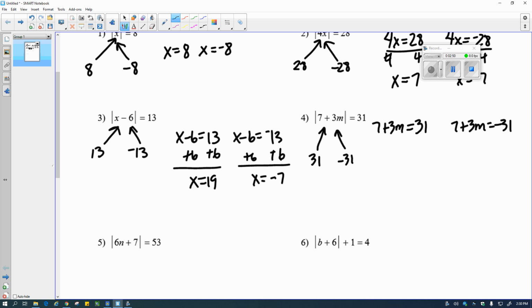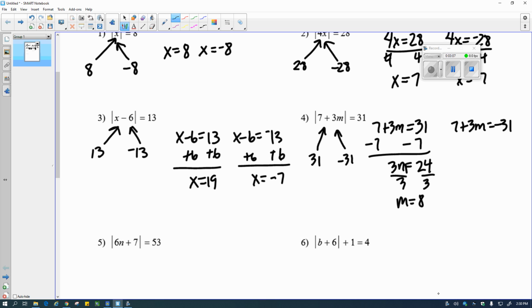And now again I have to solve. So minus 7, I get 3m equals 31 minus 7, which is 24. Divide by 3, so m is 8.